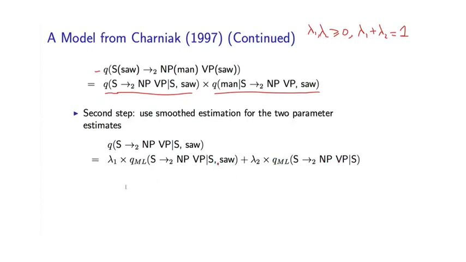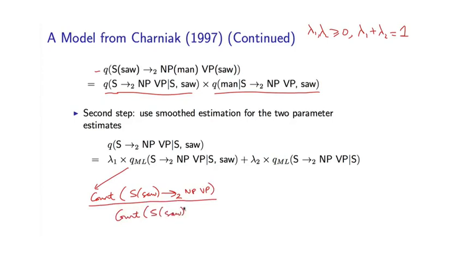So if we look at this first one, this is going to be estimated as the count of S SOR, so this is S headed by SOR, rewriting as NP VP with the second child VP as the head, divided by the count of S SOR. So that maximum likelihood estimate is basically an estimate of the probability of S SOR rewriting with this particular rule.